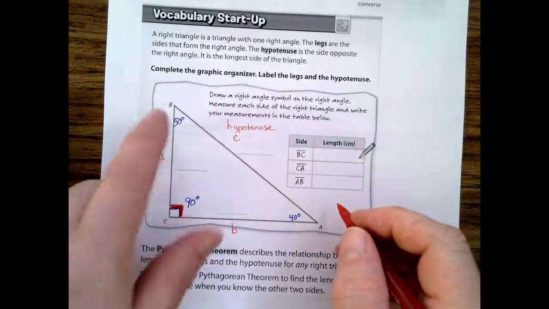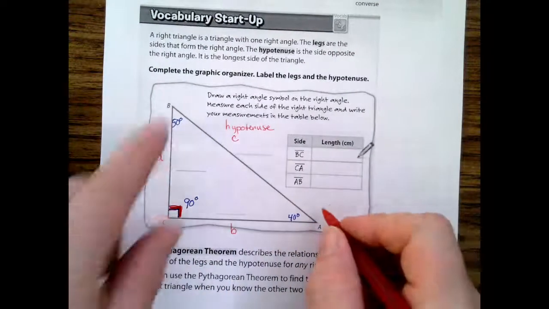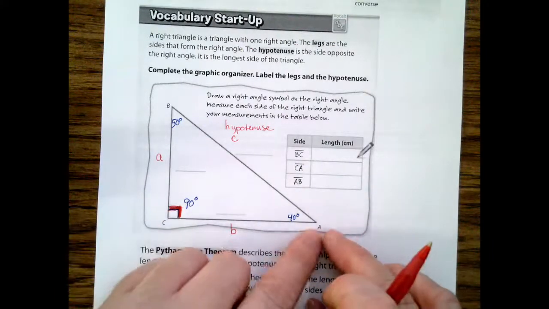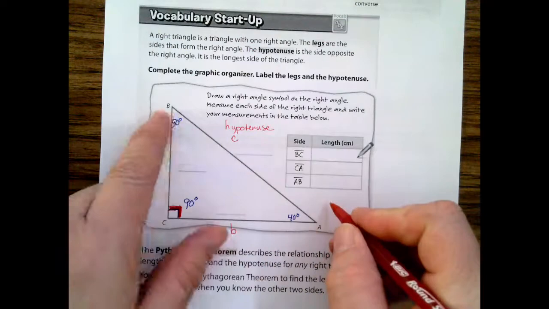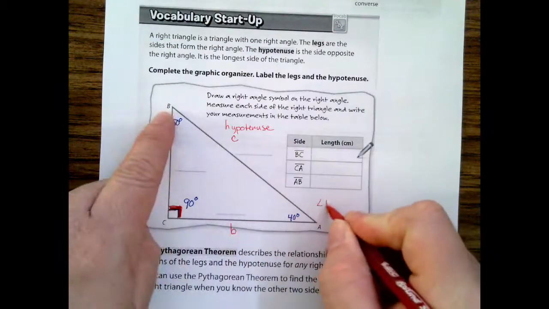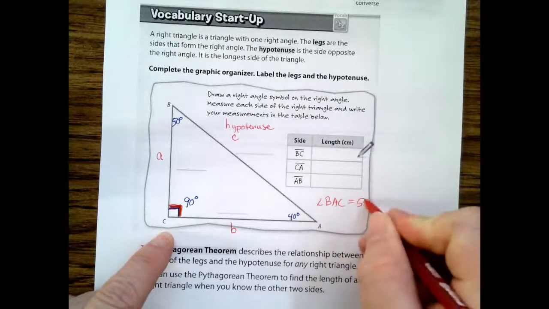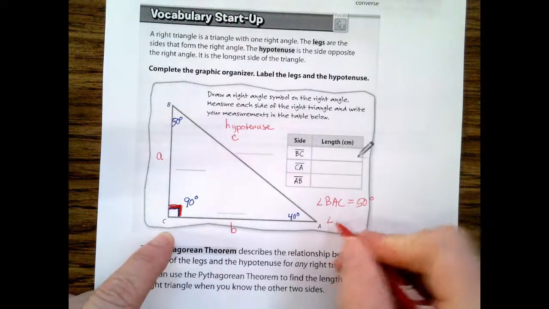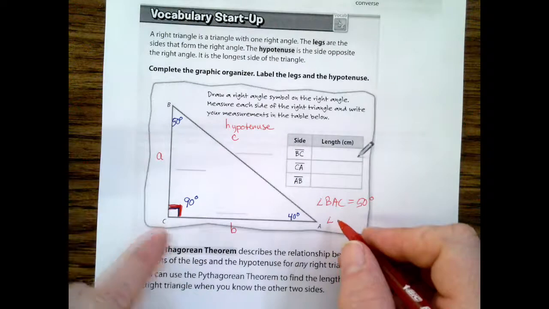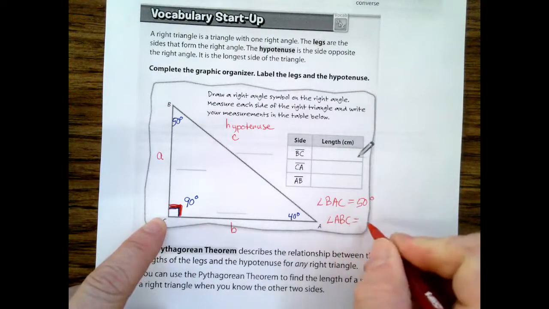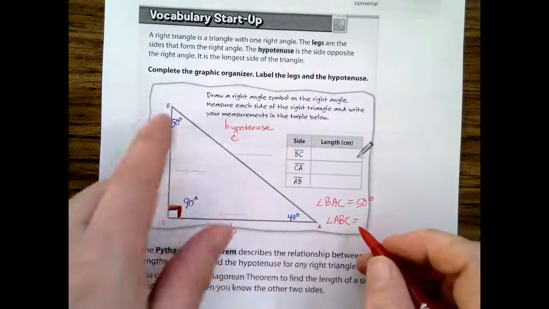Okay, if we wanted to name these angles, we always use 3 letters. So instead of it being angle A, it's best to label this angle BAC equals 50 degrees. And let's name this angle ABC. Wait, I made a mistake.